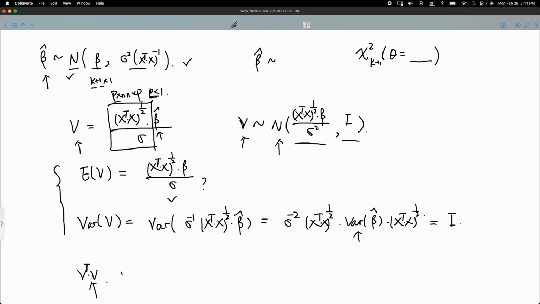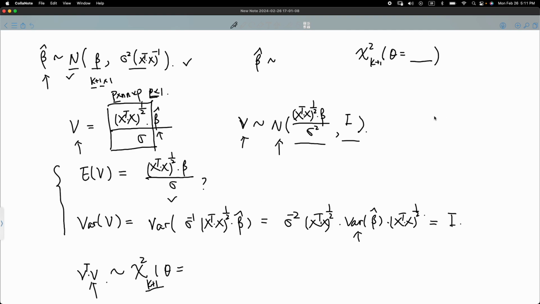So this V transpose V is going to follow a chi-square distribution with degrees of freedom k plus 1, with the non-centrality parameter given by this term here.